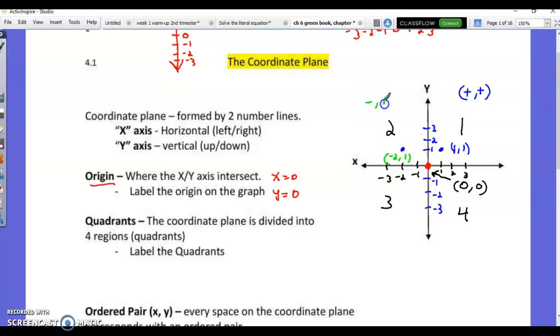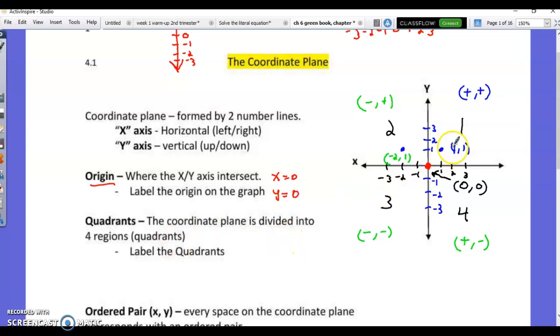So a negative, comma, positive. Over here, just like we did over here, it's a negative on our x and a negative on our y, so these are going to be negative, negative ordered pairs. And over here, we have positive for our x and negative for our y, so that would be positive, negative with our numbers.